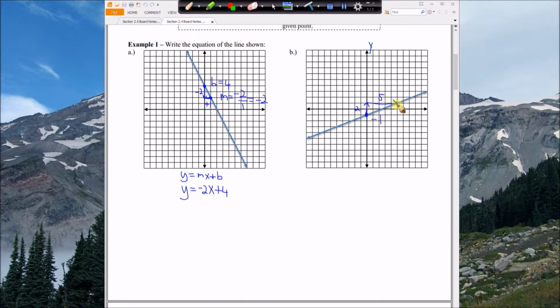So up 2 over 5, and so this is b, and my slope would be rise 2 and run 5. So in this case, if I use the slope-intercept form formula, my function will be y equals 2 over 5 x minus 1. Okay, plus b here is plus negative 1, which is minus 1.